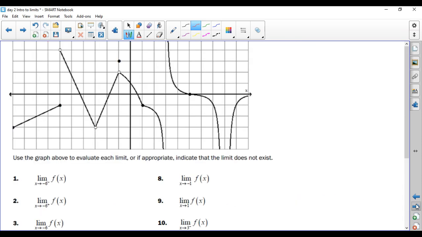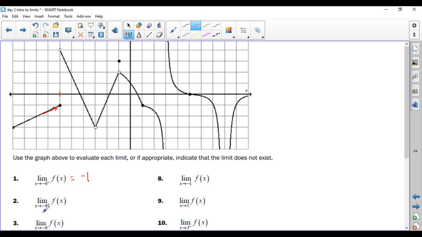Here's another graph, and we'll do several of these examples. Here, we're going to assume the scale on this graph is 1. The first one is the limit as x approaches -6 from the negative side, so from the left. 1, 2, 3, 4, 5, 6. -6 is here. As I get closer to -6 from the left, the y coordinates get closer and closer to -1.